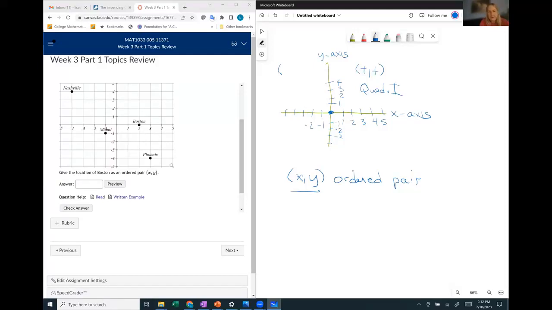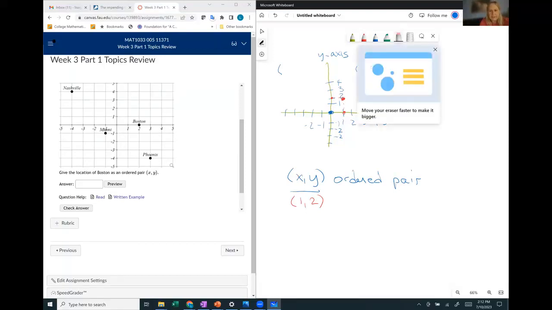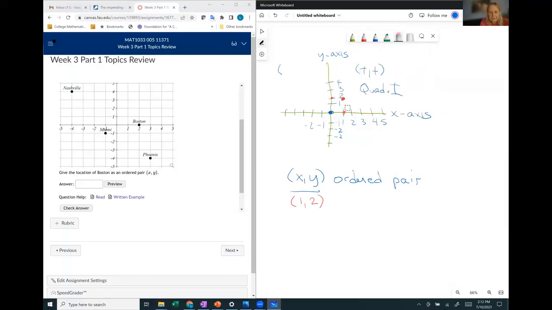So if I wanted to put a point at 1, 2, I would go x is equal to 1, and y is equal to 2, and where they meet is the point 1, 2. And that's what we're always looking to graph. These points here, we don't graph.